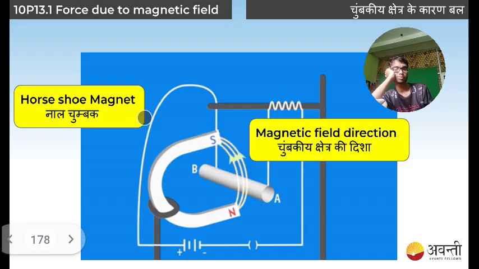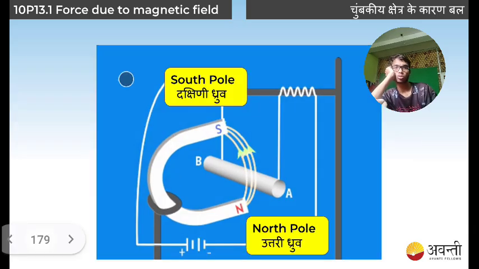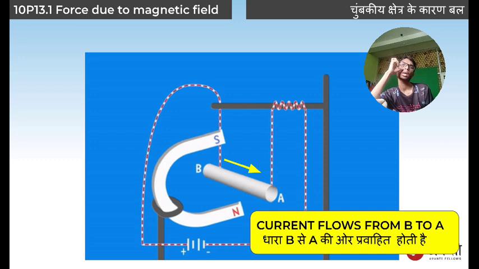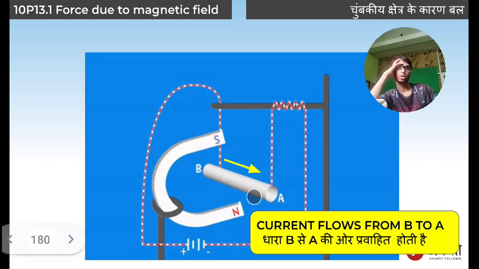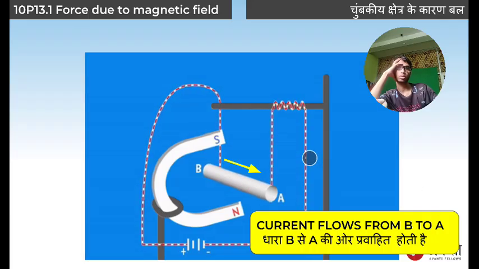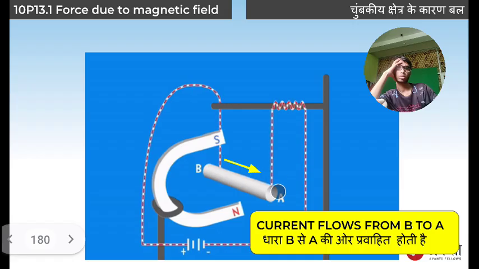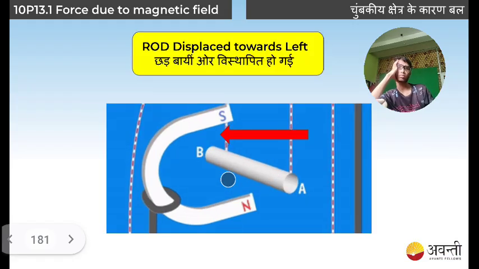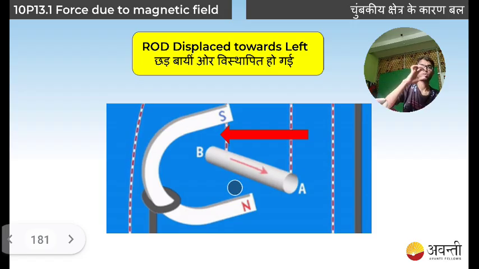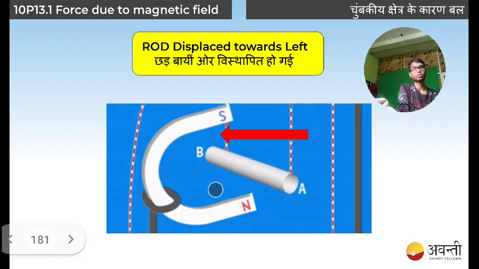Horseshoe magnet, south pole, north pole, yes, we know. Then the current flows from B to A, not A to B, B to A. This is working because of a magnet.